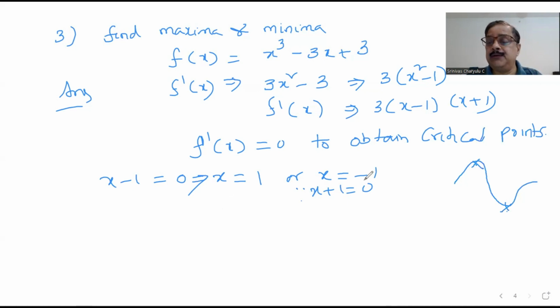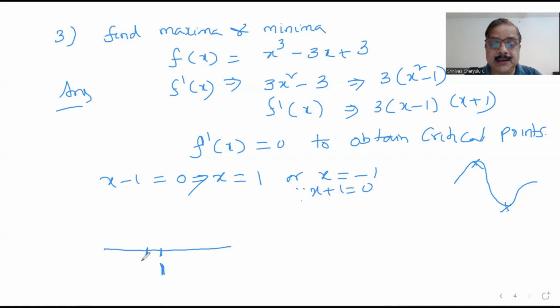At each of these values, we have to find out whether the function has a maximum at this critical point or a minimum. Let us take the first critical point, 1. Next I will take minus 1. So around each neighborhood, I will check.